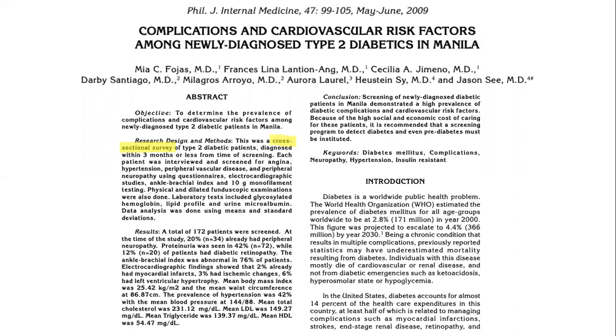In the past, descriptive studies have been discouraged, but for me, descriptive studies are very, very important. An example of a descriptive study that we recently did was the clinical profile of Filipino patients who were hospitalized for COVID-19 in the Philippines.